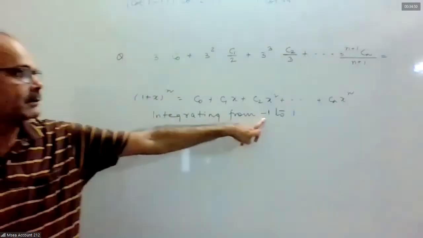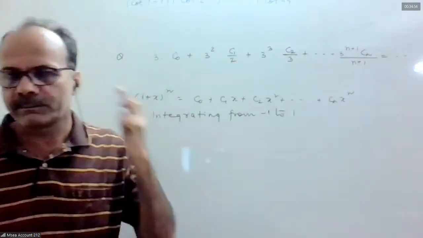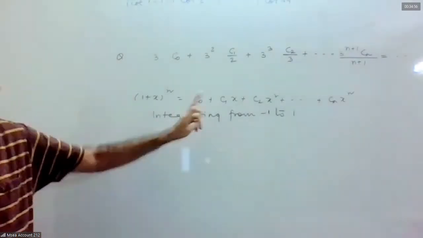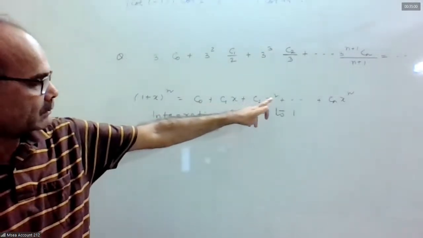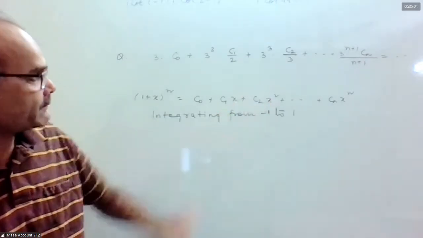Just tell me the limits only. Because the denominator part is divided, we have to integrate. See, what limit should we put so that after integration we get x cube by 3?